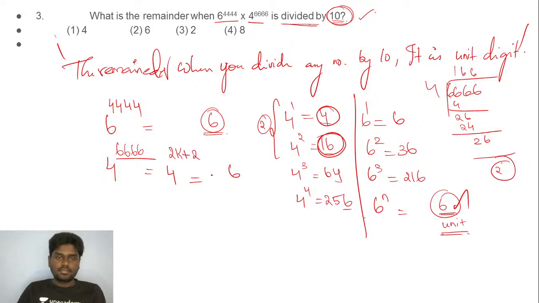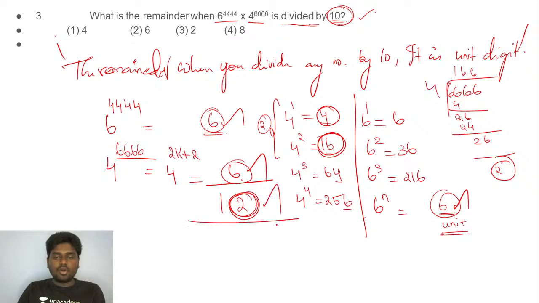Very simple. So what you can simply do is add both the unit digits. What are both unit digits? You are getting 12. And what is the ultimate unit digit which you have got? 2. So undoubtedly, if you divide any number by 10, the remainder you will get is the unit digit. That's it.